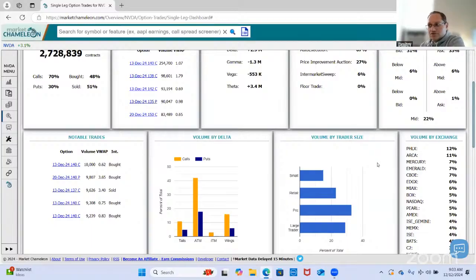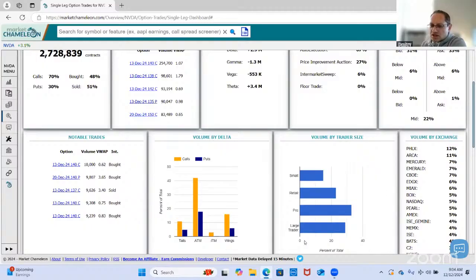So we could look at smaller trades, trades that are maybe a one lot, a two lot, less than $2,000 in notional. We could also look at very large trades that are 500, 1,000 contracts in the trade. It could be $250,000, $500,000 in notional value just in option contracts. And then we have these in between.